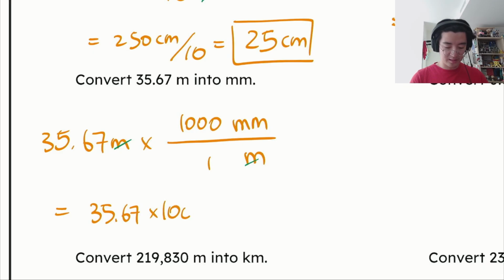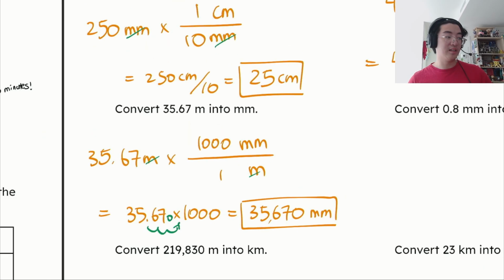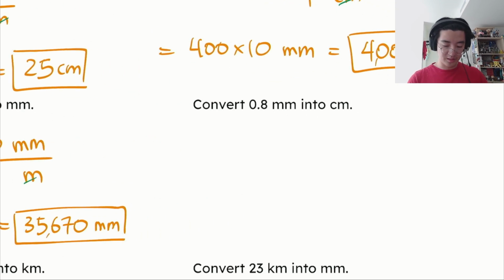So this times 1,000. Right, we move the decimal places by 3. We've got empty gaps here, so we're putting in 0s. Right, 35,000. Oops, don't forget the unit. Next, 670. More decimals.